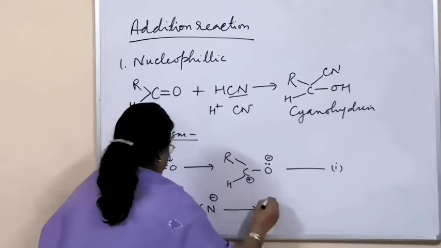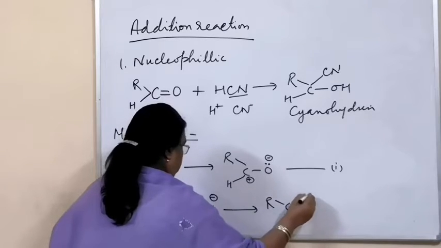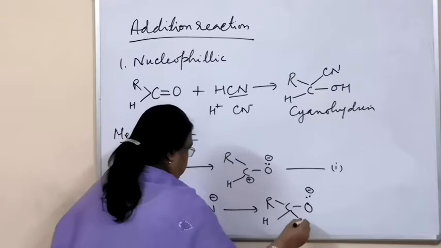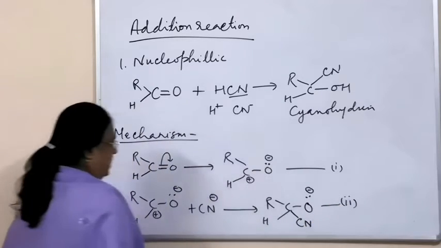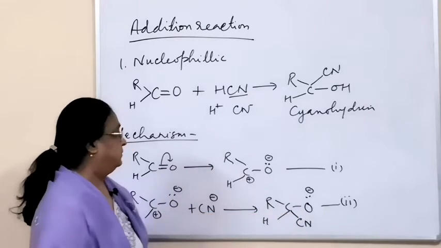So here RCO with a lone pair and negative charge, and H is already there. The CN will be attached. This is step 2, and in the next step this hydrogen ion will be attaching here.